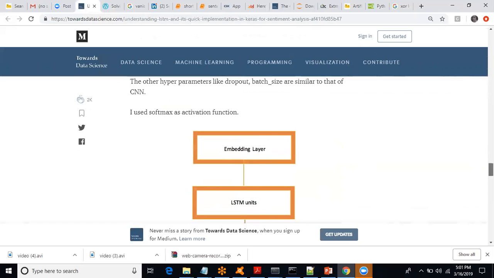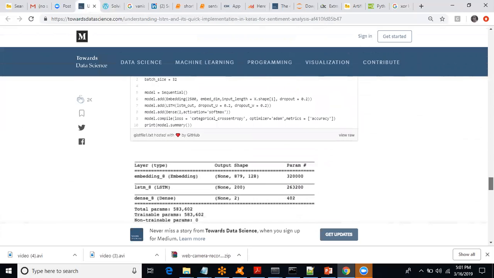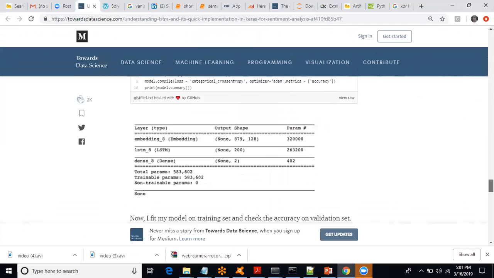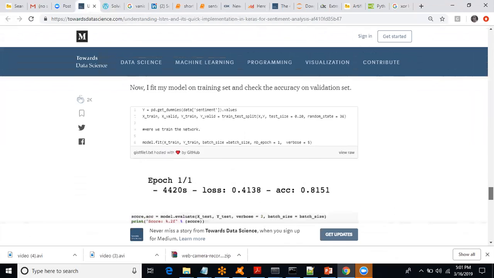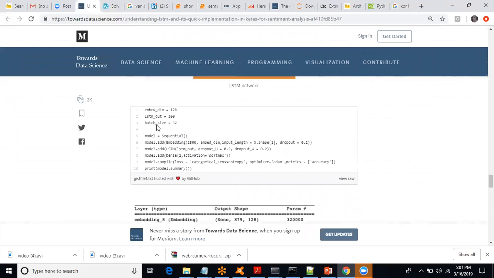Can you give me an example? This is a sentiment analysis problem, where they took many different keywords. So they use an LSTM output of 200, embedded dimension 120, and an input length.